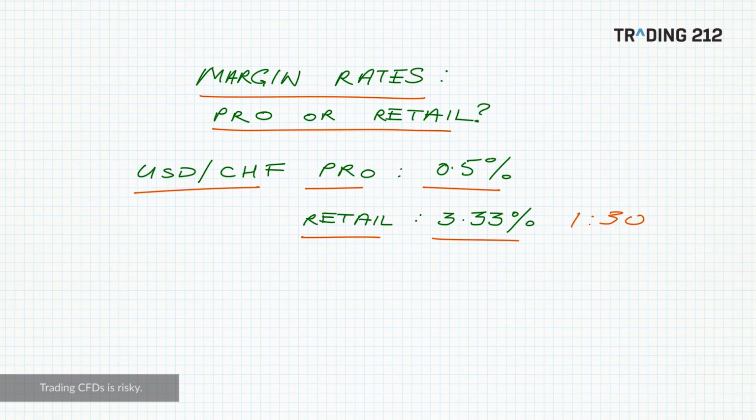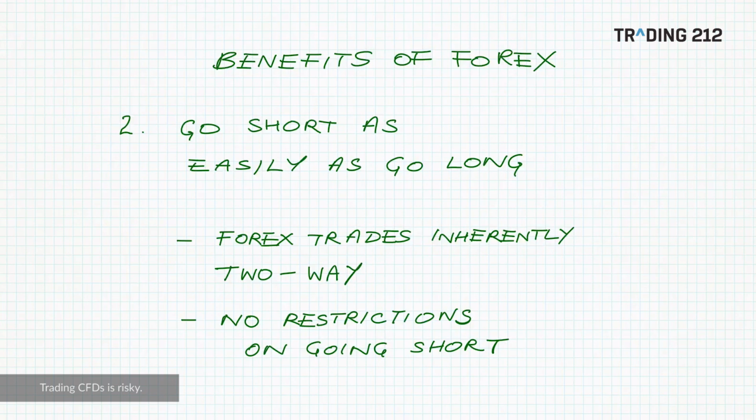So we've now covered trading on margin, trading with leverage. Let's now run through the 6 other benefits of trading with Forex. So number 2 in our list of benefits is that you can go short as easily as you can go long when trading Forex.